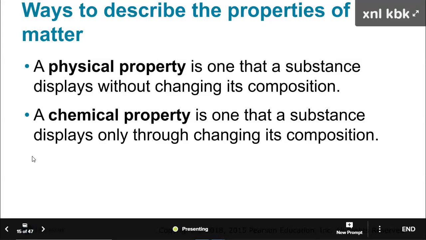So the chemical property involved there is something called flammability. Can charcoal burn? Yes, that is a chemical property. It's flammability. Does this substance oxidize? Does this other substance corrode? Does this substance react with water? Those are chemical properties. The only way to observe those chemical properties is to actually observe the substance undergoing a chemical reaction.